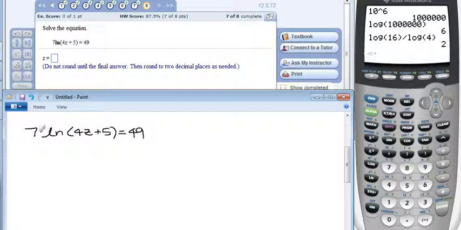So the first thing I'm going to want to do, since that's multiplication, is divide through by 7. I don't want that there. So now I have the natural log of 4z plus 5 is equal to 7. All right, I want to put my base in because I have to change it over to an exponential. My base on an ln is always e.